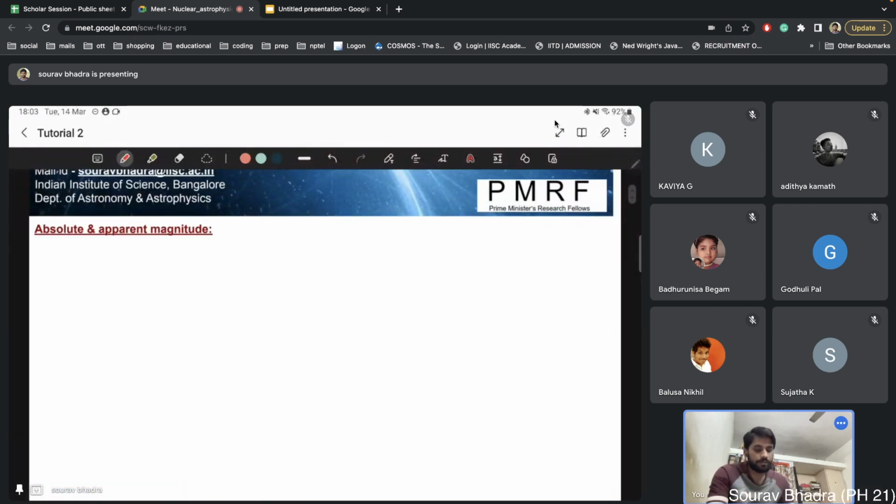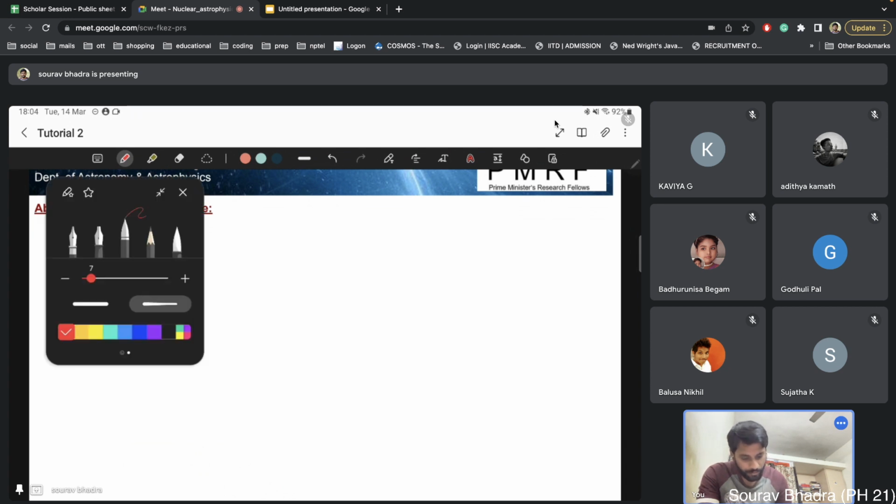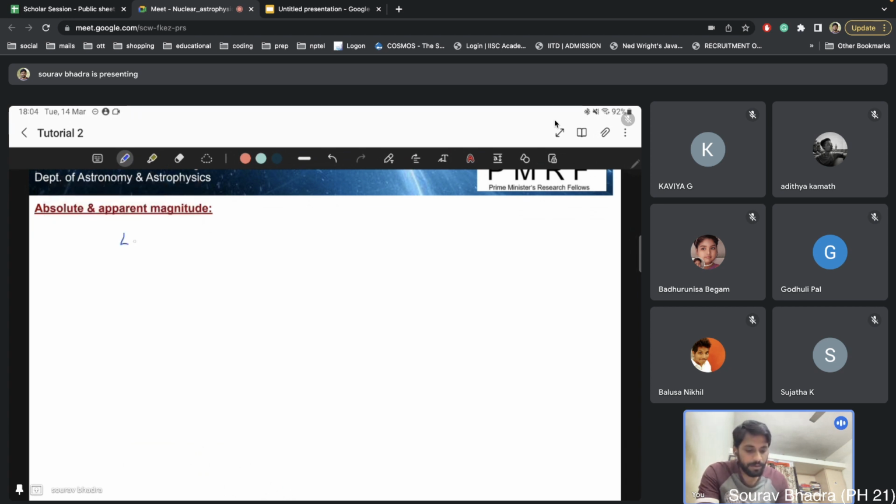Actually, the magnitude is a system to identify the brightness of a star. This is the measurement of brightness, you can say. In the last class I told you that the luminosity of any star is 4 pi r star square sigma T to the power 4.